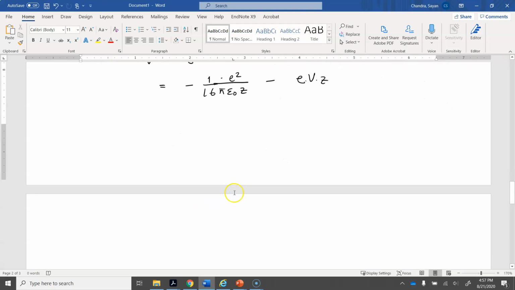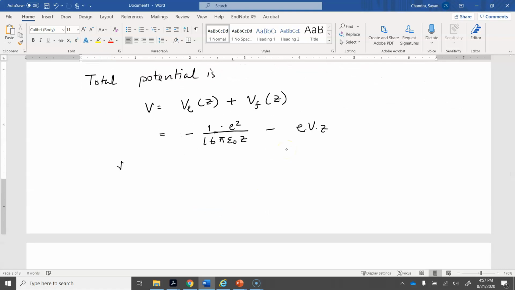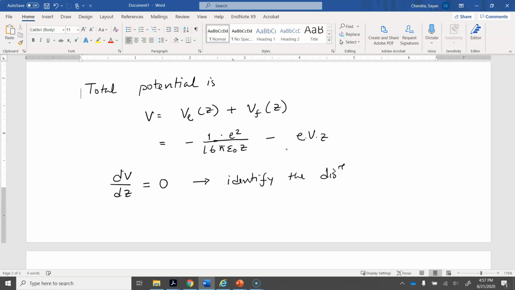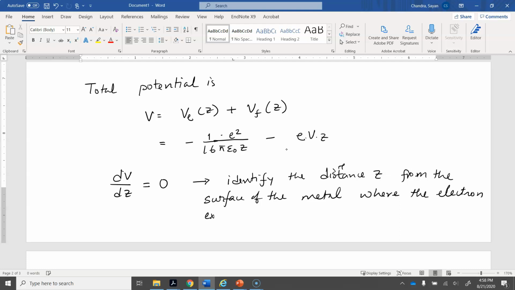Now if we take dV/dz and equate that to 0, we will be able to identify the distance z from the surface of the metal where the electron experiences no force.